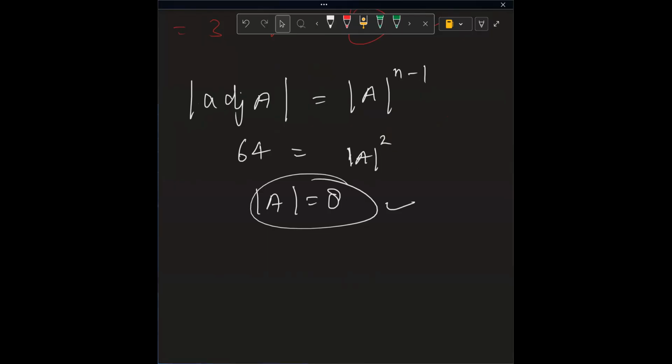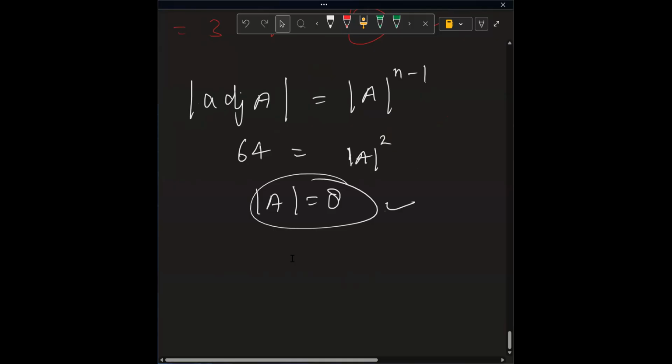In the fourth question, let f of x be equal to x sin 1 upon x, and you have 0 at x equals to 0.